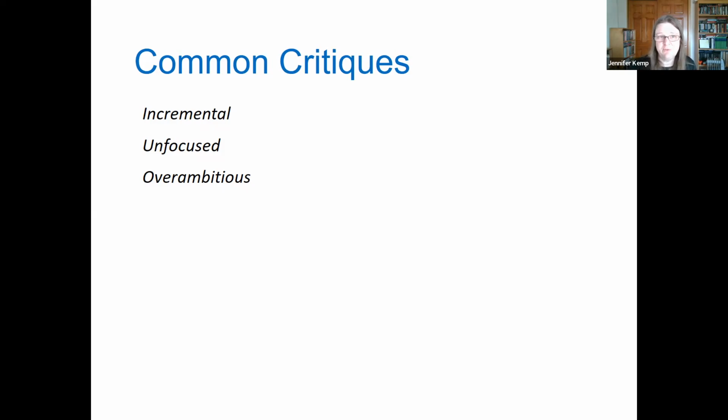Unfocused is another really big one. This typically means that they felt that your aims were kind of meandering, instead of telling a unified story. And all of these are pretty addressable, I think. Overambitious is another really common one. I find junior faculty get this criticism a lot because reviewers think maybe they have proposed too much.